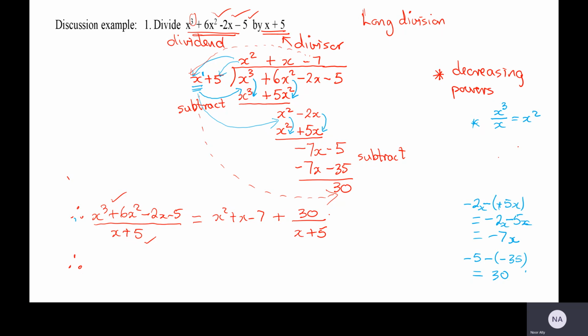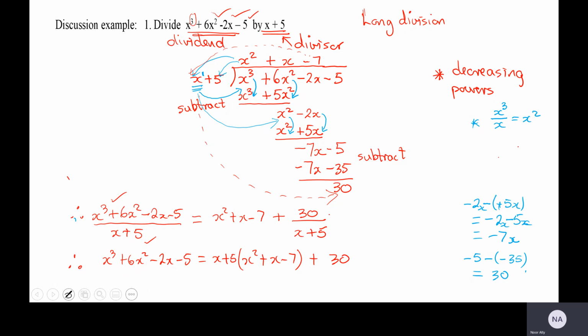And immediately after that, what I would suggest is you also write it in another form: x cubed plus 6x squared minus 2x minus 5 is equal to the divisor times the quotient x squared plus x minus 7, plus the remainder.